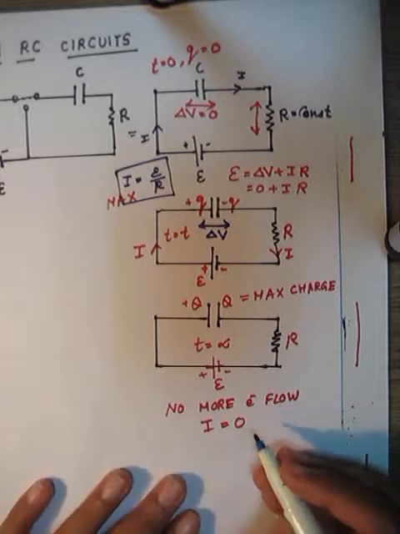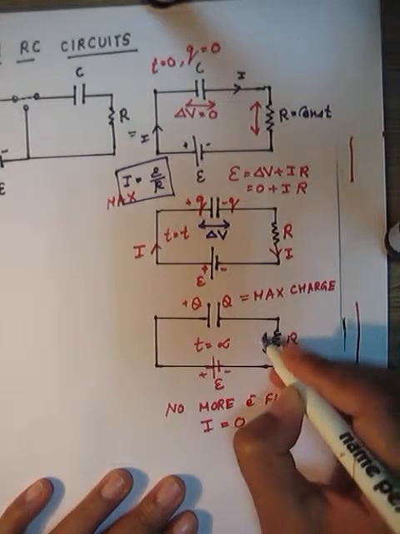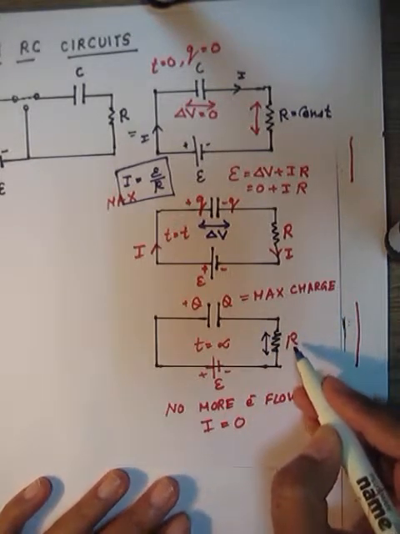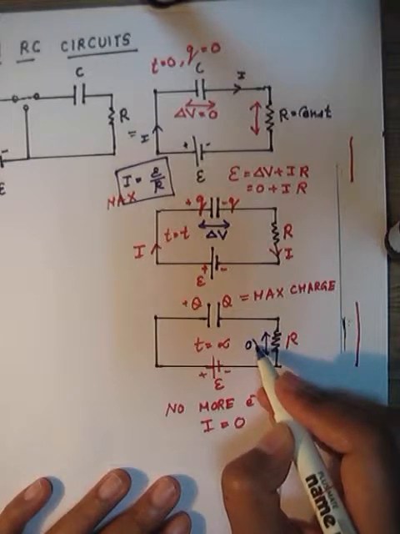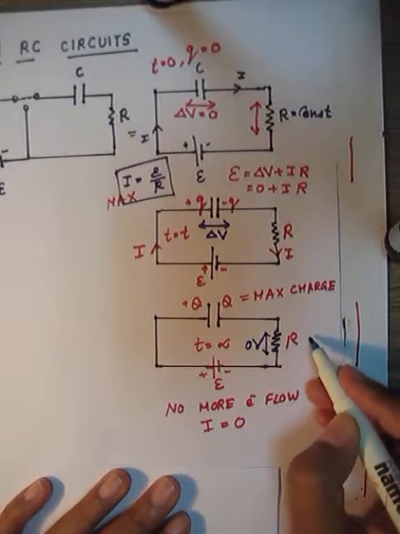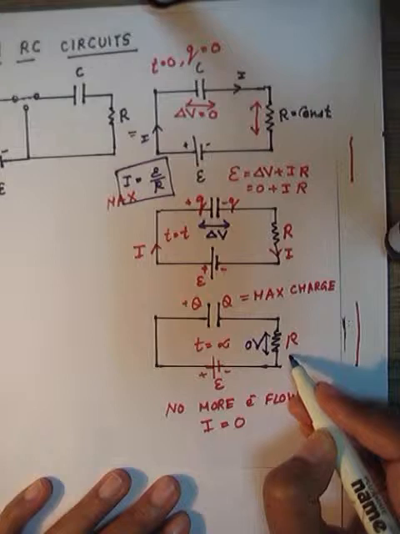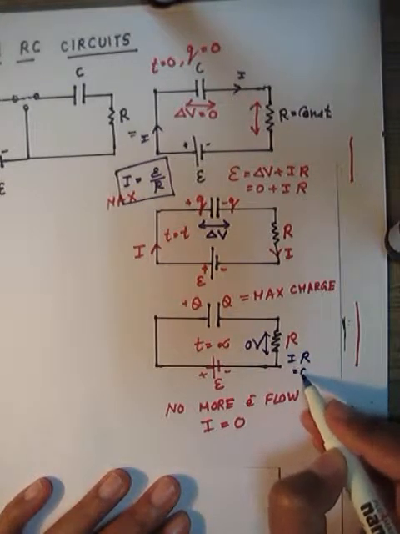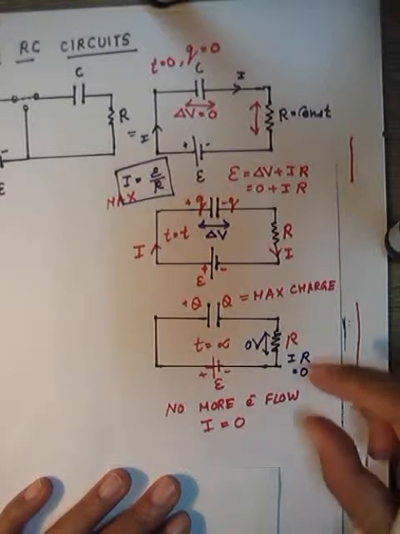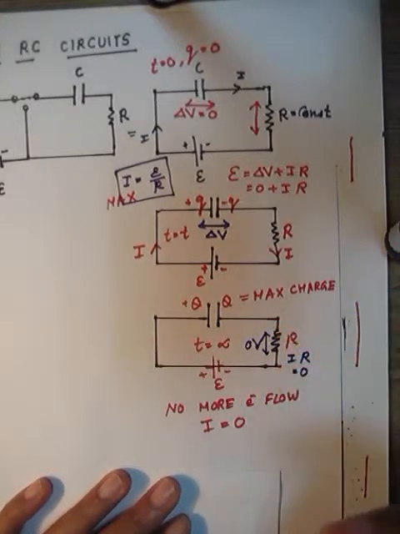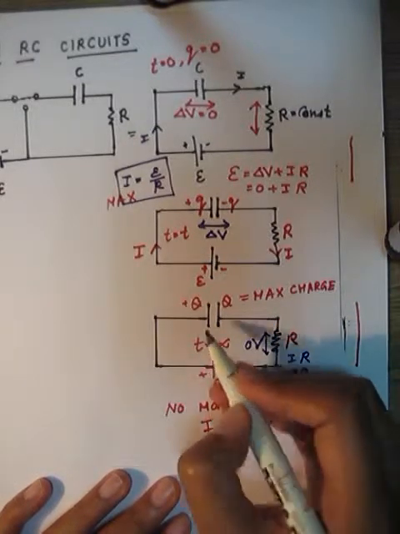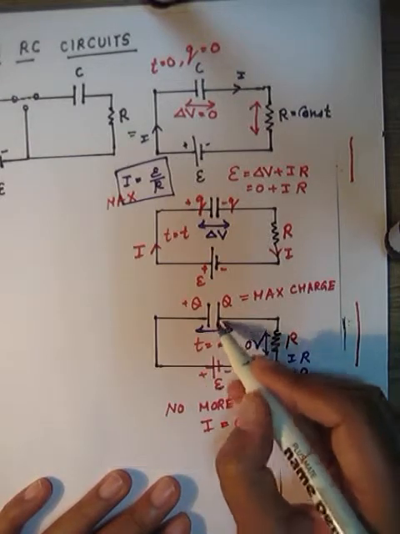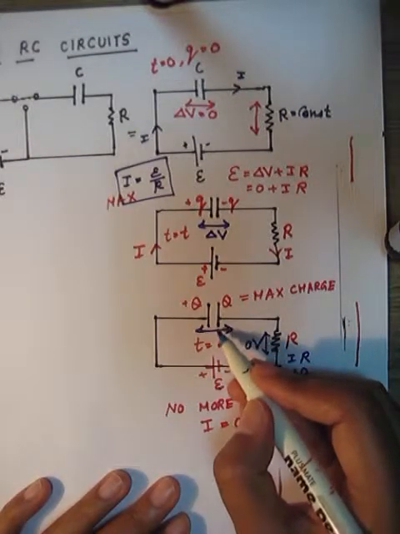So if the current is 0, it means that the potential drop at the resistor will be 0 volts, because the potential drop here will be IR, and because current is 0, this will be equal to 0. So this potential will appear on the capacitor.